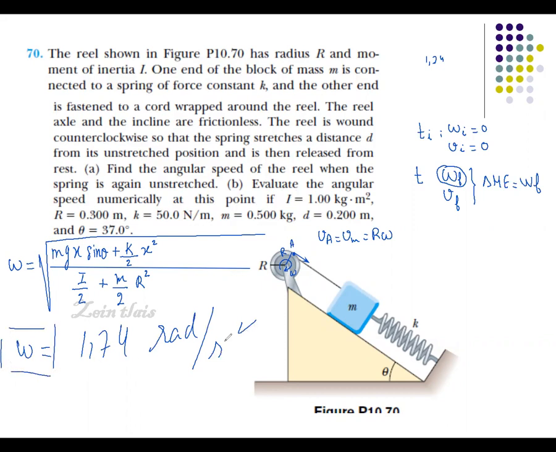If I ask you to calculate the velocity of the block, you can say V equals to R times omega. We have omega, we have R, you can find V. The most important point here is to get the relation between the velocity of the block and the angular velocity of the pulley.